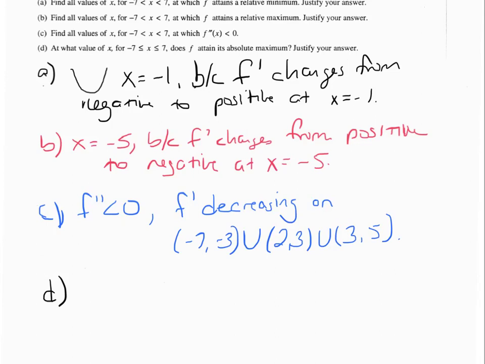Well, that's going to happen either at an endpoint, so it could be -7, it could be +7, or at the local maximum, and we decided that that was happening at x equals -5. That was from part B.